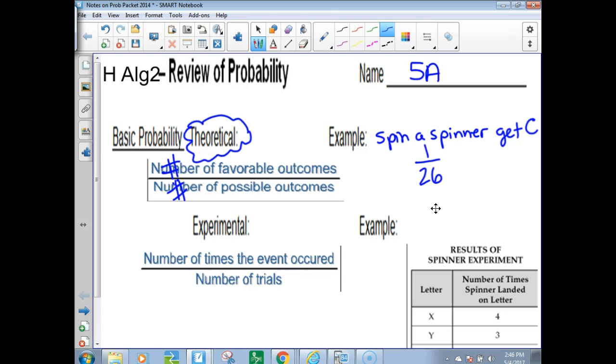Okay? That's a theoretical probability. You're thinking that every letter has an equal chance of getting picked, right?